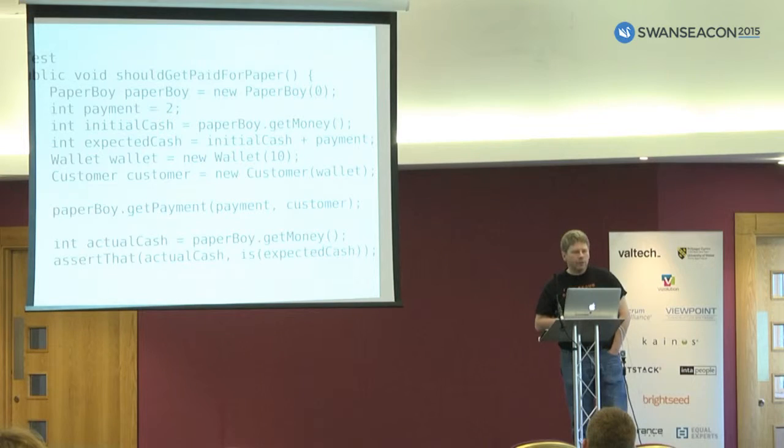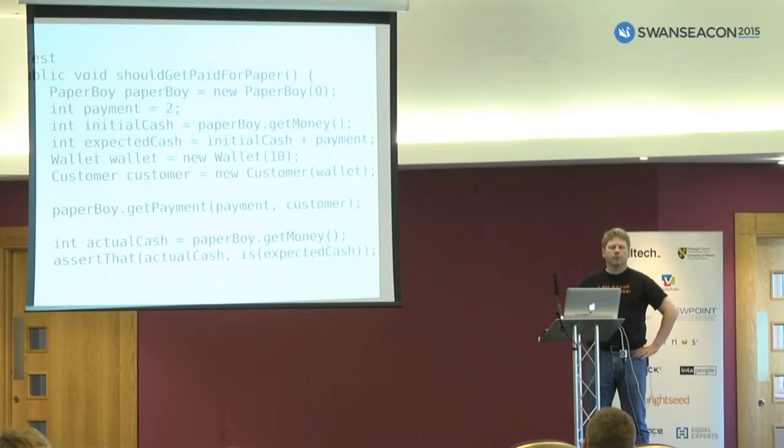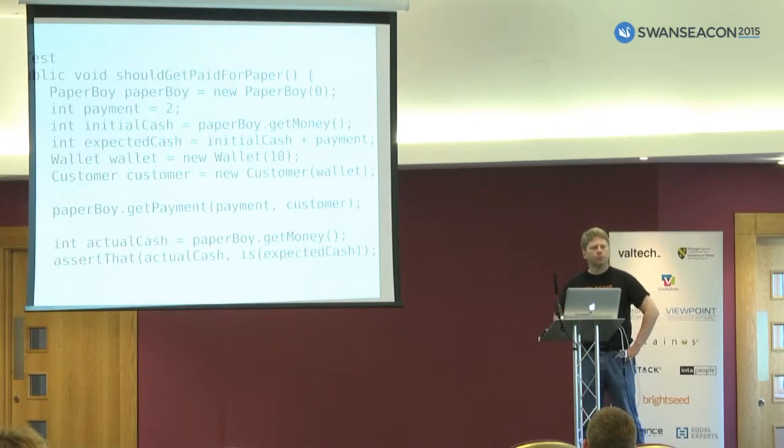All right, and then we create a wallet that we assign to the customer, and we place 10 in that wallet. So we have 10 of some kind of currency. And then we create our new customer.